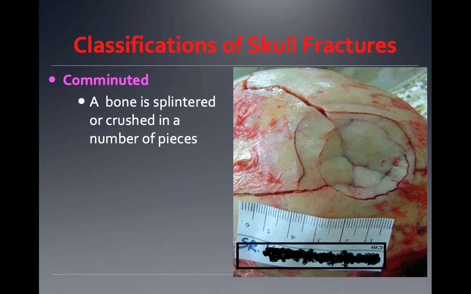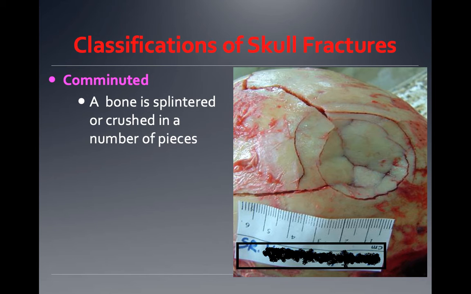You also have a comminuted fracture, which is where the bone is splintered or crushed in a number of places. Now, this is probably the original blunt force to the brain. Looks to me like it could have been a hammer to the brain, I don't know, or maybe the person fell, or maybe was in a car accident.